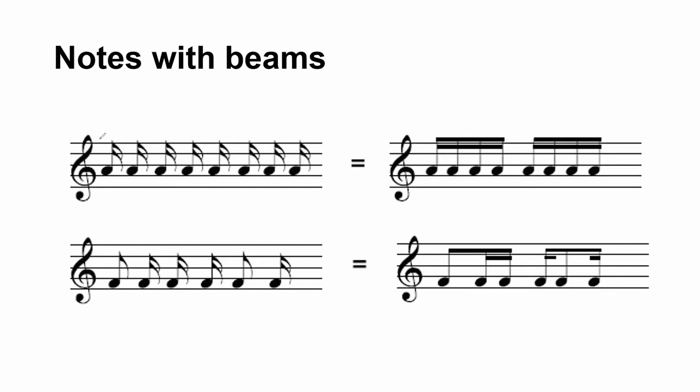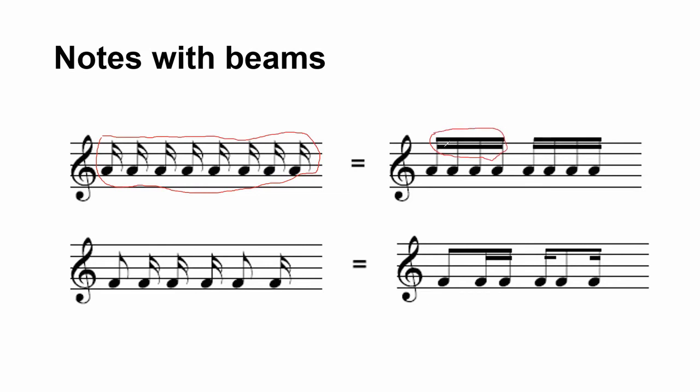So if you have a piece of music like this and you have a series of 16th notes all following each other, instead of writing them individually with their stems individually, you typically see the stems joined together to form what we call beams, and that's what you have here.